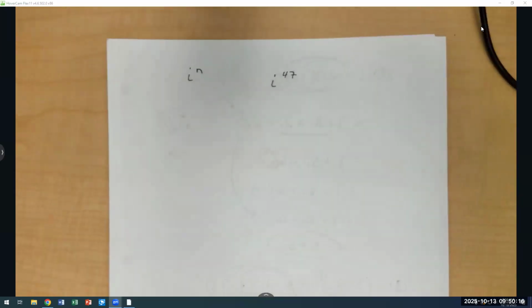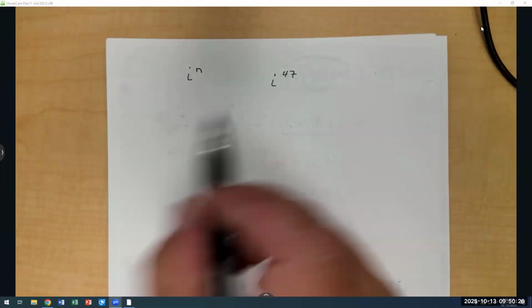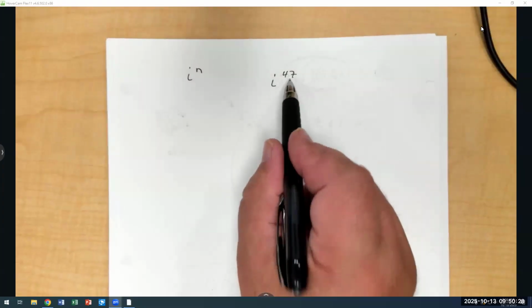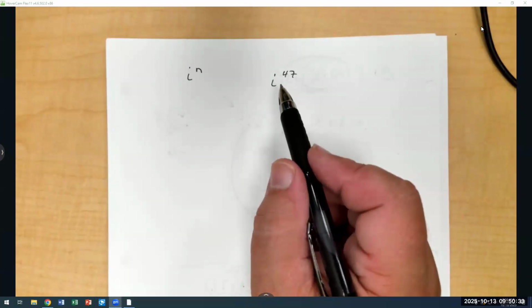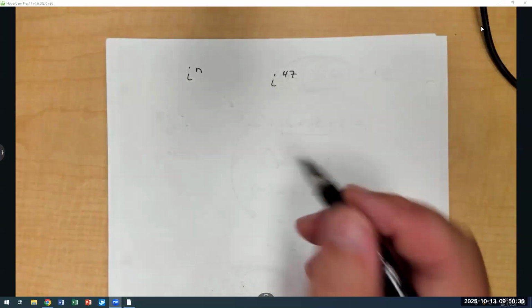Remember, your answer, if it has i, cannot have an exponent. So we have to break it down, so it's either going to be a 1 or an i. Let's show you how to do that.